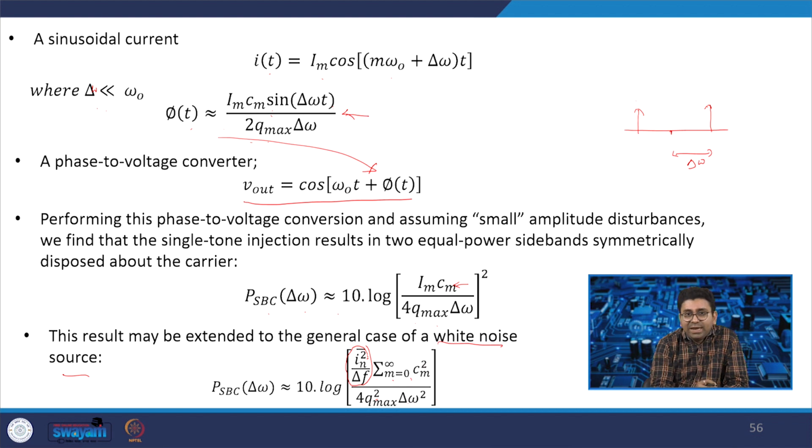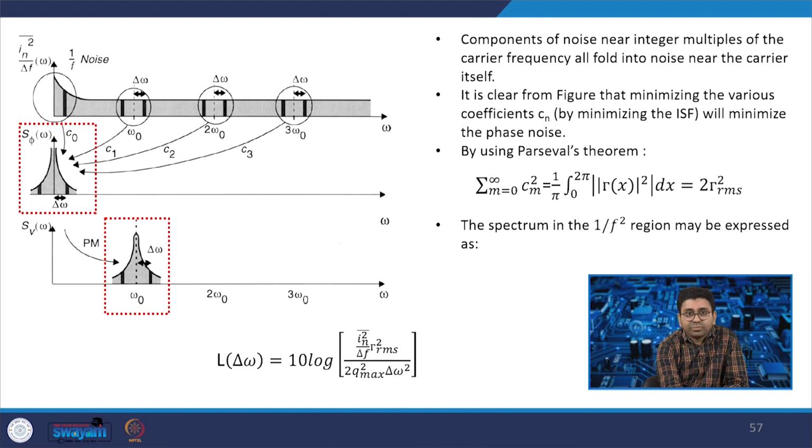Now, we will try to analyze how this is coming. So, what is happening? This is a thermal noise, and this delta omega is distributed over omega naught, 2 omega naught, 3 omega naught, and up to n omega naught, and all these multiple components with the coefficients C naught, C1, C2, C3, or Cn are multiplied and come to the frequency 0.